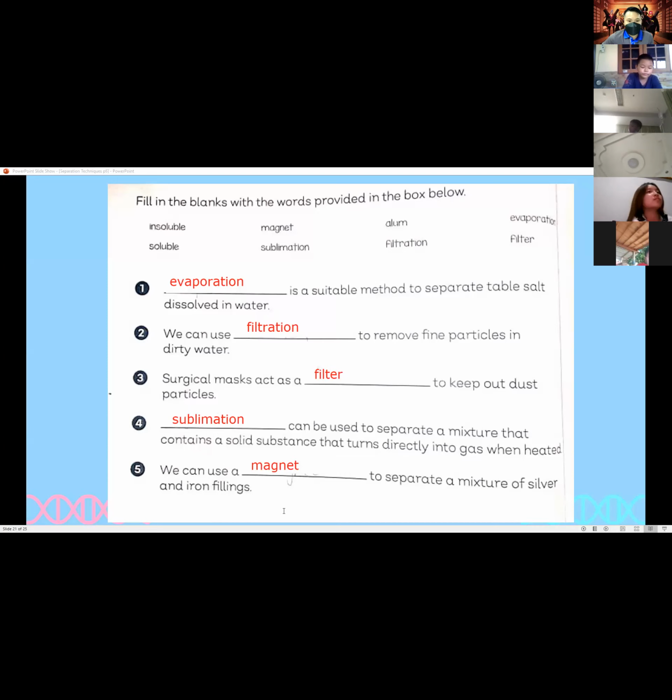Got it? Finished? Everyone finished? Yes. Okay, so if you are finished, get your workbook. Workbook, page 12 to 13.